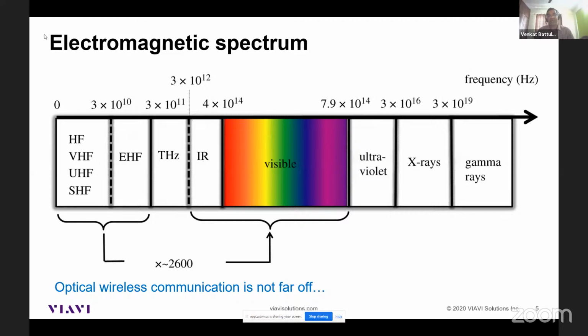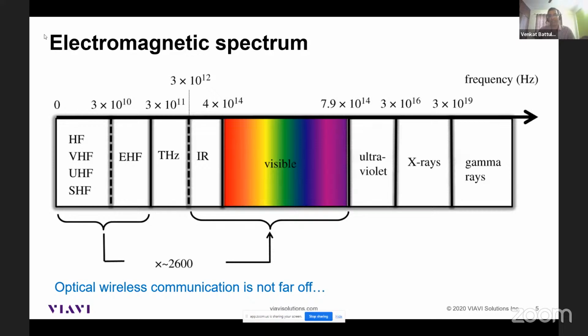And the next is the important point. If you go beyond infrared, the spectrum is visible. So it's light, and that's where the important transformation comes into the picture in future. Optical wireless communication is not far off.